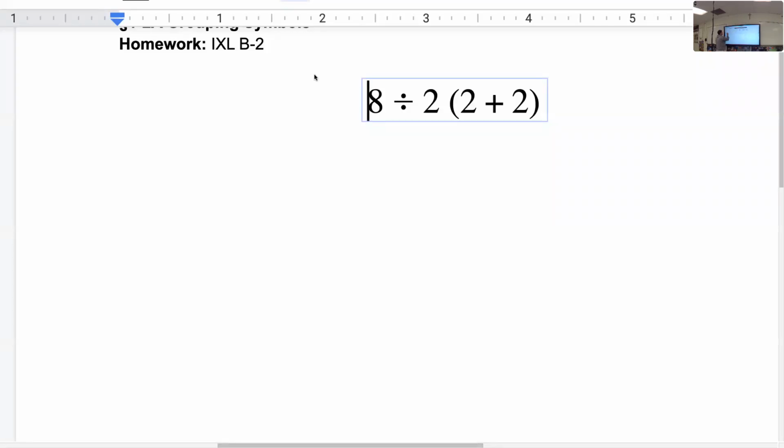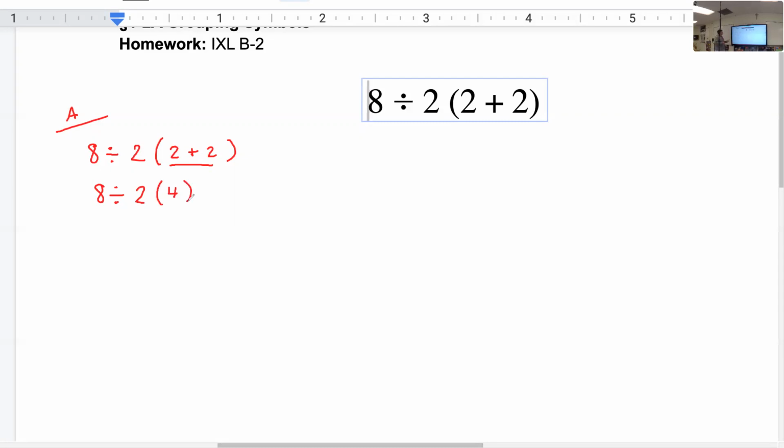So we're going to say 8 divided by 2, and it's weird, it doesn't take that little dot very well, times quantity 2 plus 2. So you always rewrite the problem again whenever you do an assignment, and again, you're doing this online, so you're not going to have to. So everyone knows you do parentheses first, right? So please excuse my dear Aunt Sally. So I'm going to do the parentheses first. So I'm going to have 8 divided by 2 times 4, right?